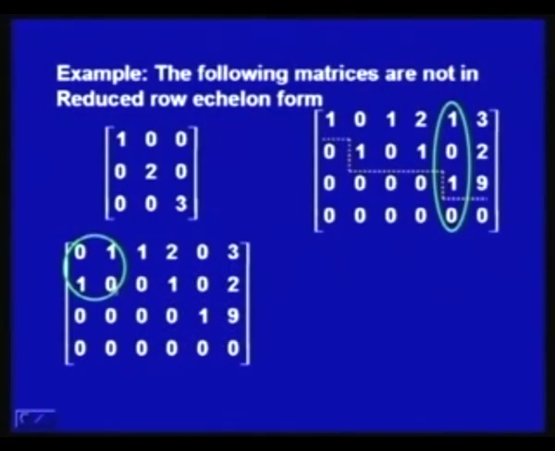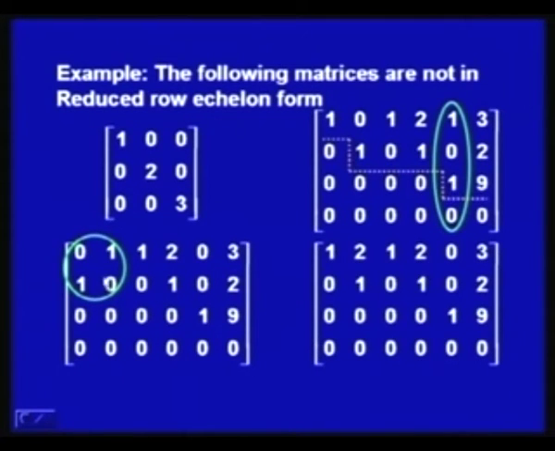The same thing is here. This particular pattern is against the form, because this is a leading one in this row and this is a leading one in this row, but this leading one is on the right-hand side. This should be on this side and this on that side, only then will it be in row reduced form. So, this is not in reduced row echelon form.